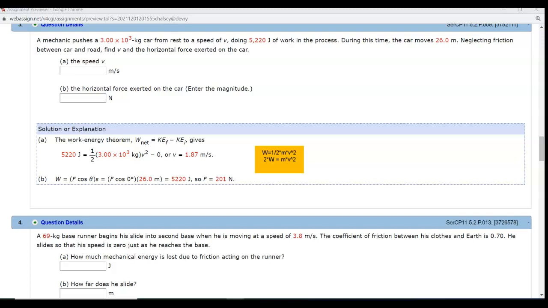Then to get m off of the right side, we divide through by m, so 2 times w divided by m equals v squared. Then we take the square root of both sides: 2 times w divided by m, take the square root of that, and it gives you v.